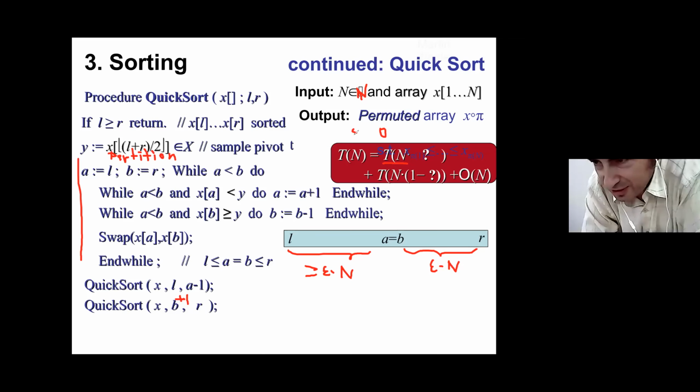Epsilon is between 0 and 1, and epsilon is fixed.